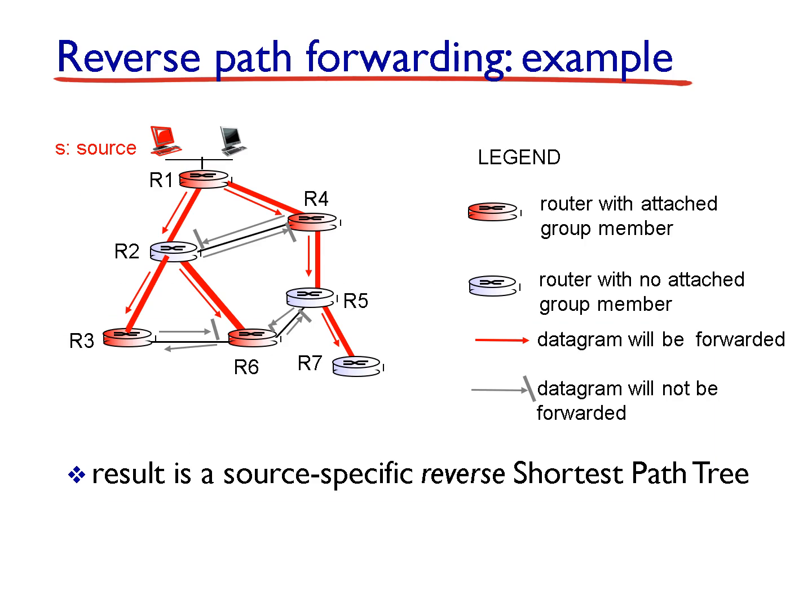In this example we can see R1, R3, R4 and R6, the red colored routers, are the members of the group and others are not members of the multicast group. The red path shows the datagrams which are forwarded, and the white colored lines are datagrams which are not forwarded.